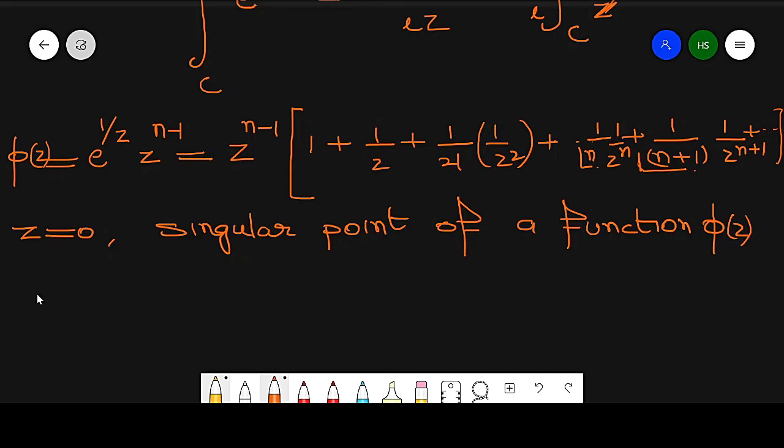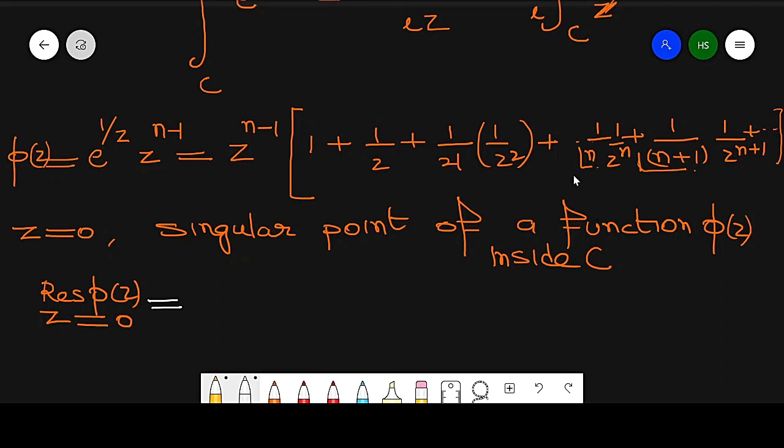So what is the residue of phi z around z equal to 0? This is the only singular point of phi z inside C, so there is only one. So what is the residue?